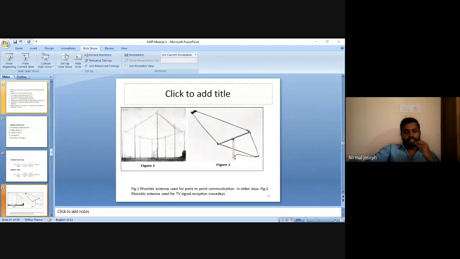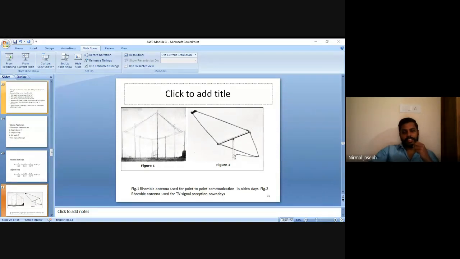What can be the reason for the smaller size of the TV signal reception antenna we are using in modern times? Yes, high frequency. Correct.